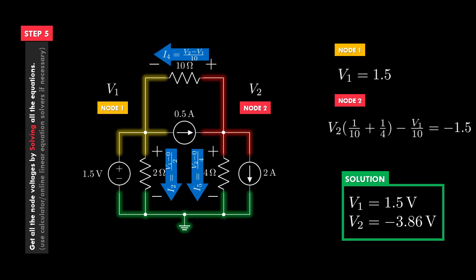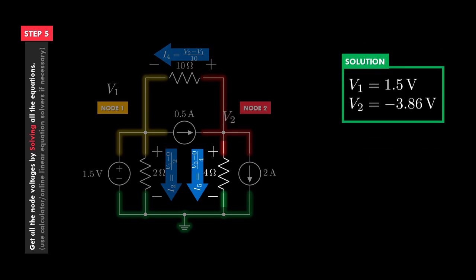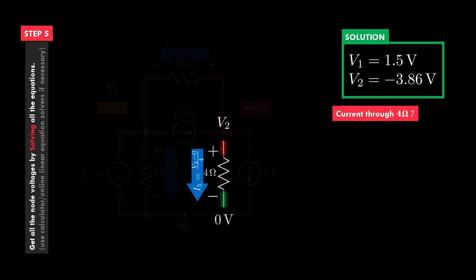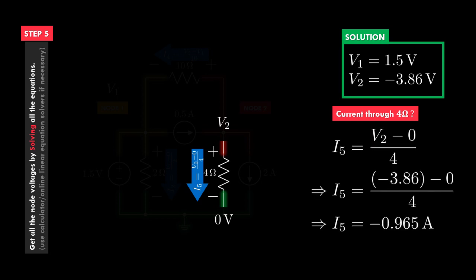And now that we know all the node voltages, we can answer any questions thrown at us. For example, if I ask you what's the current flowing through this 4 ohm resistor, you could just use the equation for I5 and get negative 0.965 amperes of current in the designated direction.